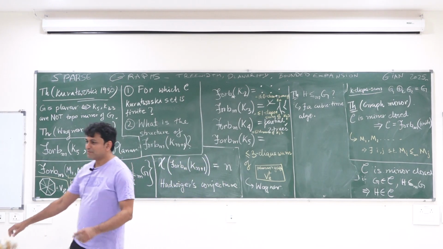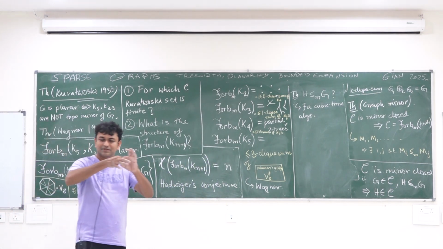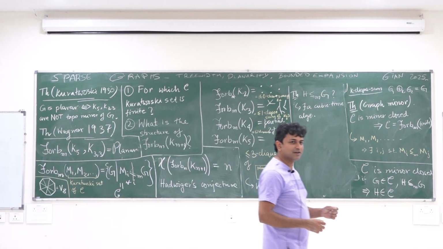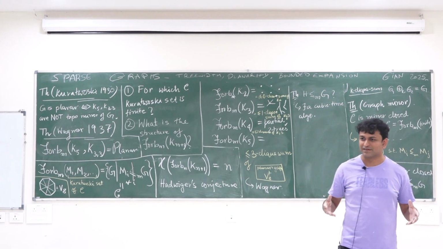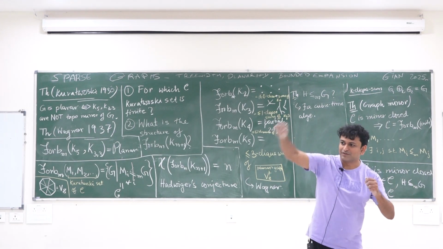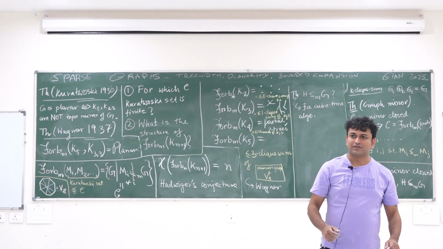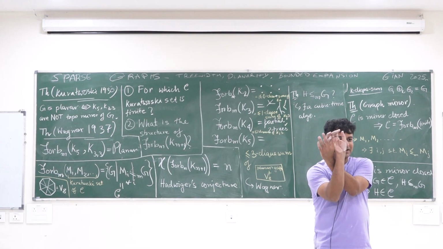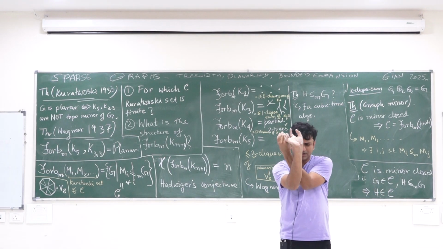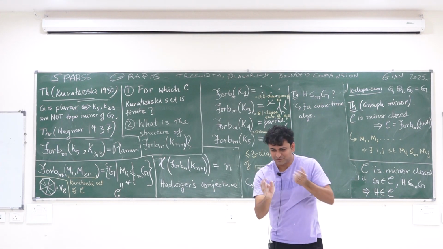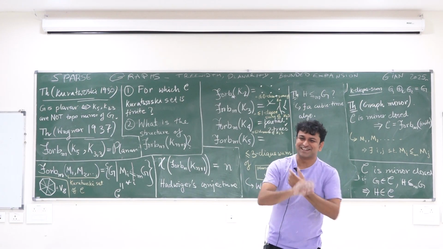Now, remember I told you about linkless graphs. There is another kind of graphs which is called knotless graphs. So a knot is like you tie a rope, right? I cannot do it with my hand, but something like this. It is a simple cycle.